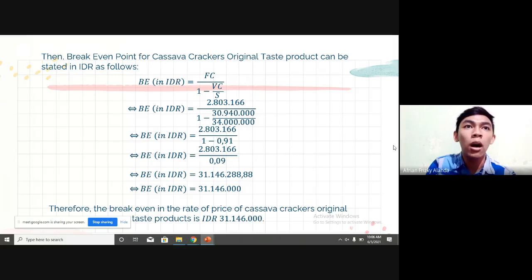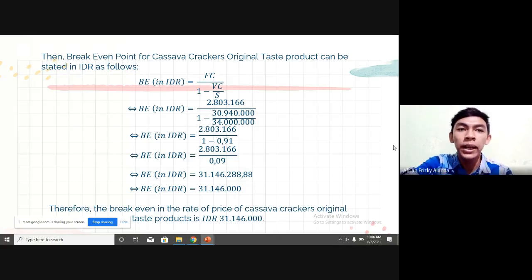Note that the formula of break-even in IDR is rupiah equals FC divided by 1 minus VC divided by S. And then we substitute the number of FC, VC, and S, and we get the break-even in rupiah is 31,146,000 rupiah.